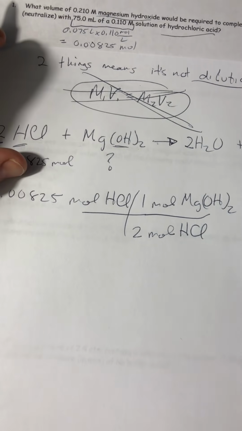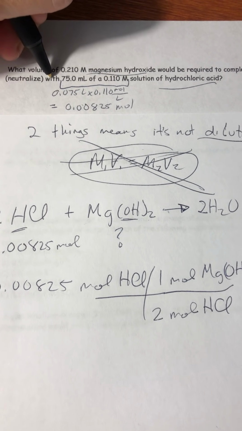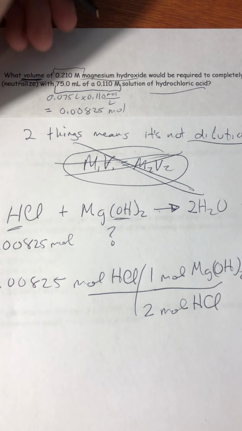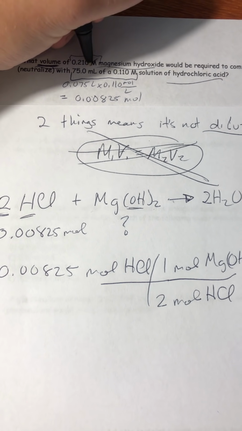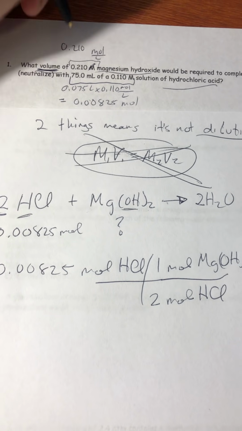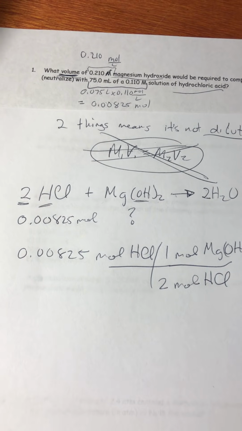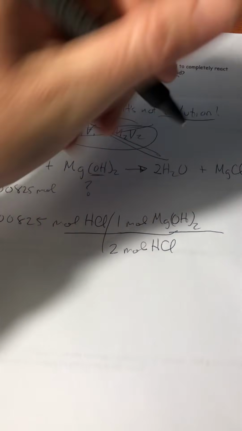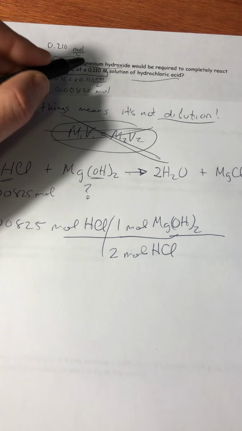Now that's great, but the question says what volume. So we're trying to get to volume, but there's a piece of information we haven't used. We know that we change big M into mole per liter, so we're essentially saying we have 0.210 mole per liter of this magnesium hydroxide. Well, that's good because we've got moles of magnesium hydroxide here. This is mole of magnesium hydroxide, and this is also mole of magnesium hydroxide, so we can match it.